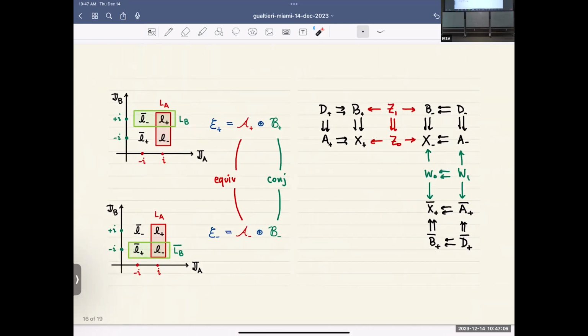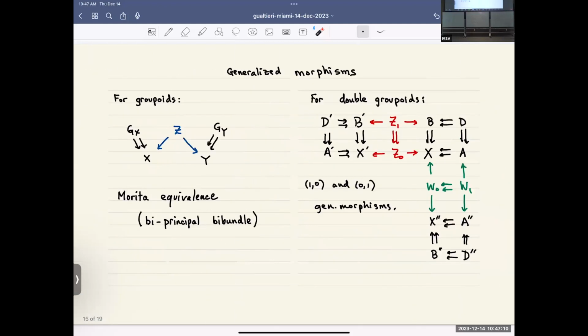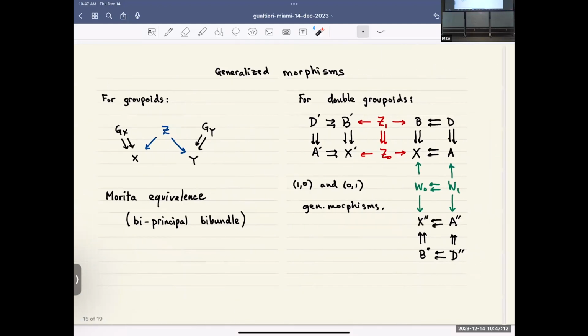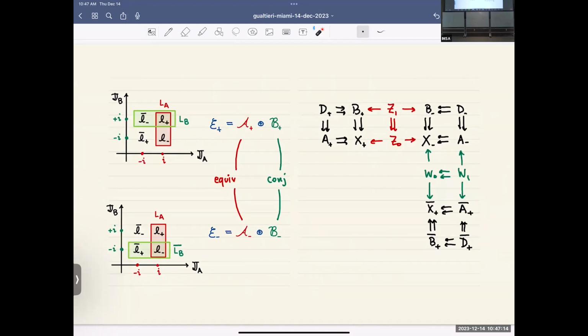All right. So, okay, why am I talking about these groupoids and so on? Well, the reason is that when we were analyzing the plus complex structure, we used this diagram. And when we're using the minus complex structure, we use this diagram. And we use the same algebroid, the same plus i eigenspace of J_A, to define A plus as we did for A minus, okay?